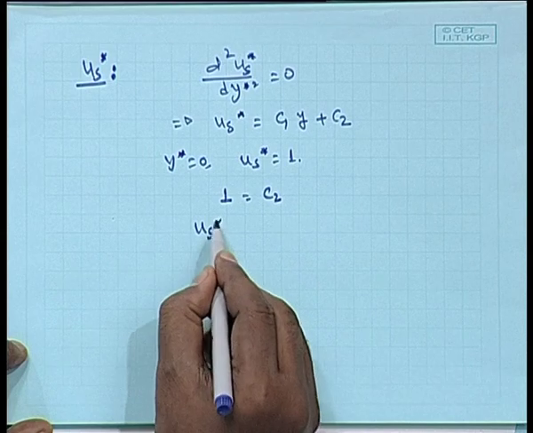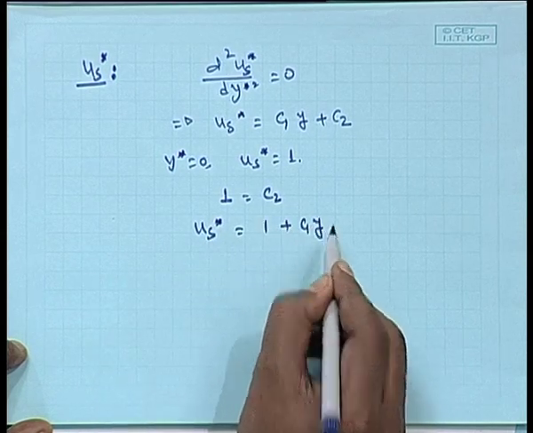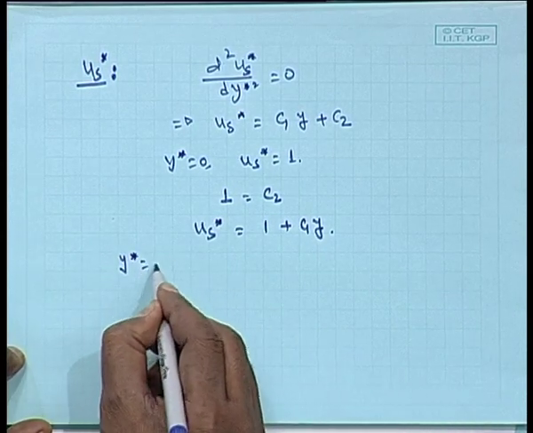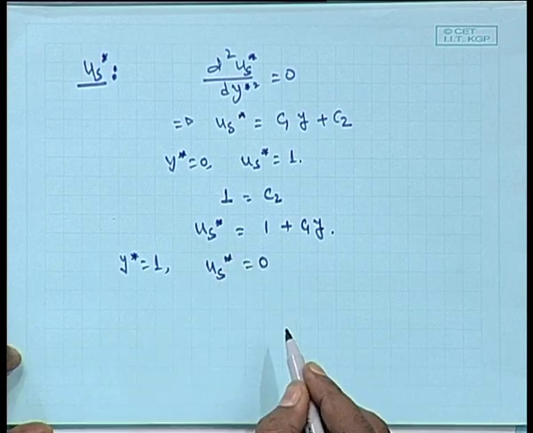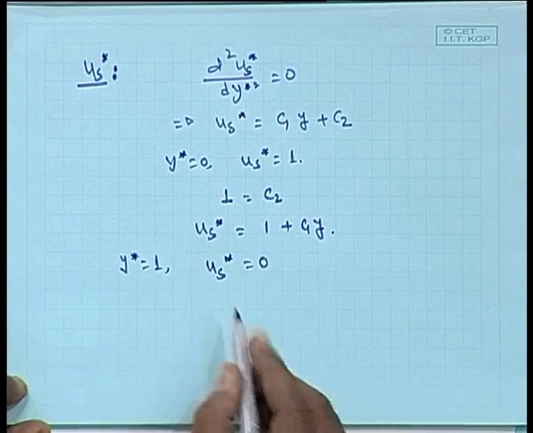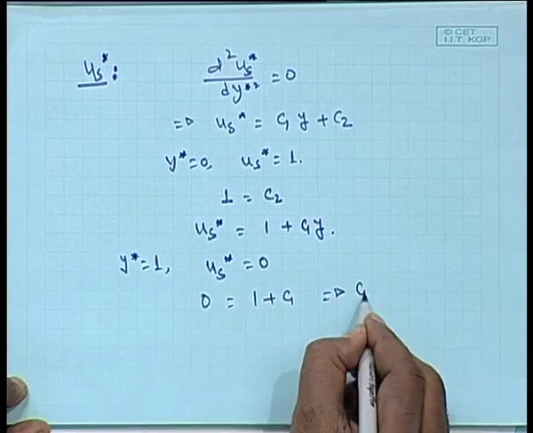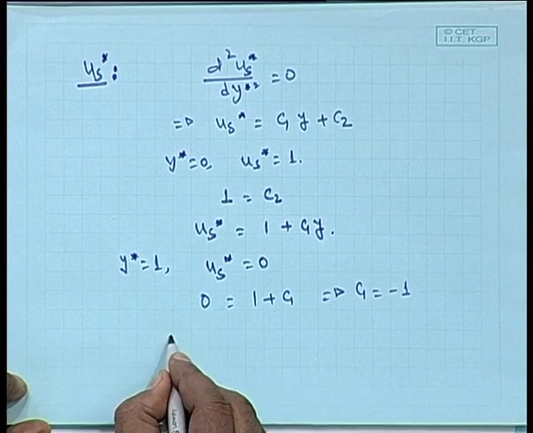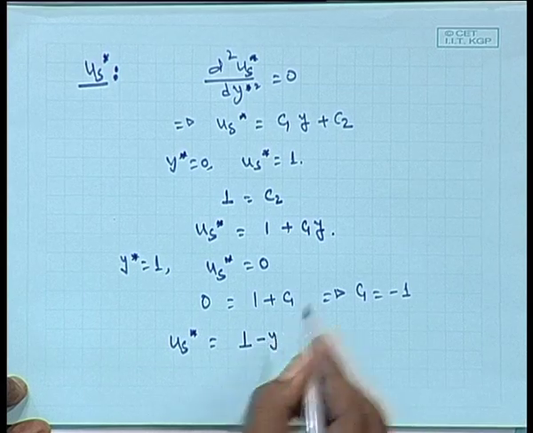So, your u_s star is nothing but 1 plus c1 y. The other boundary condition is at y star equal to 1, u_s star was equal to 0. So, 0 is 1 plus c1, that means c1 is minus 1. So, your u_s star is nothing but 1 minus y star.